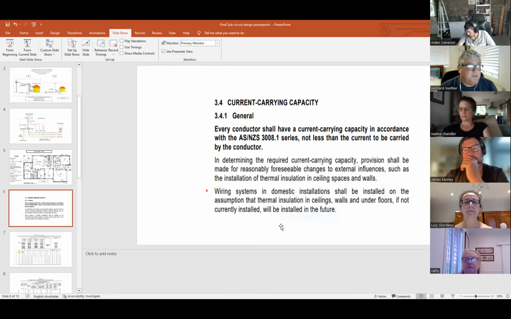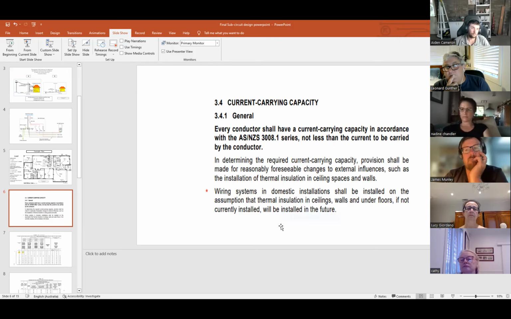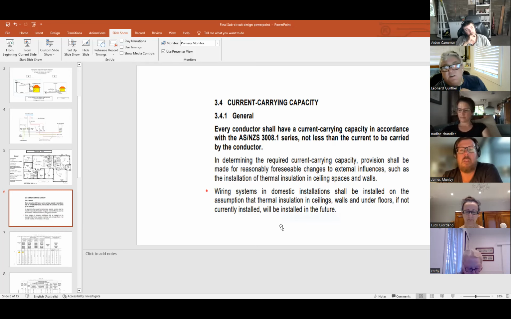So we assume that every house has thermal insulation, whether it has it or not, because it could go in at any time afterwards. As you know, the Labor government a long time ago, with Peter Garrett, had a program to put thermal insulation into houses free of charge, at the government's expense, to make them more efficient. And what happened?